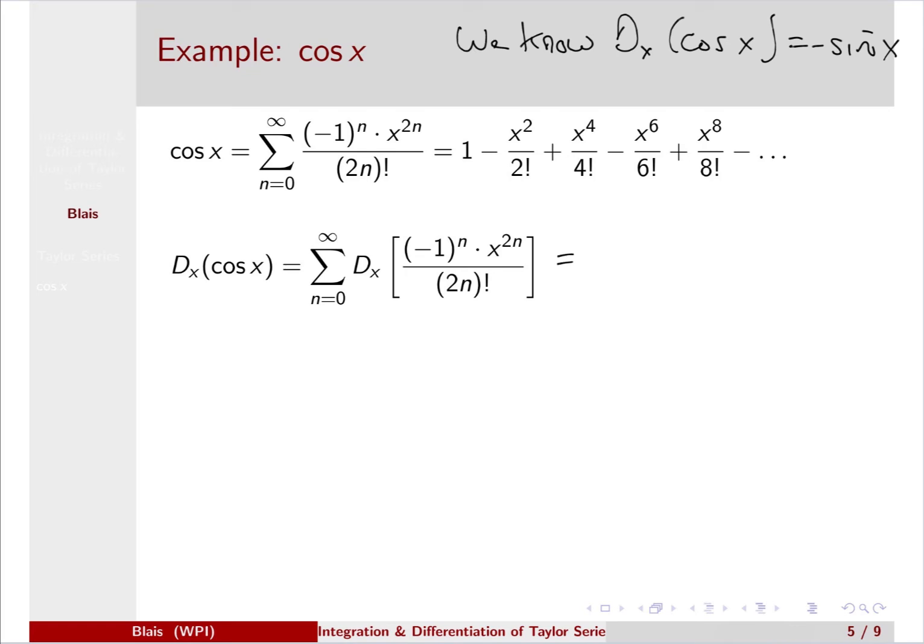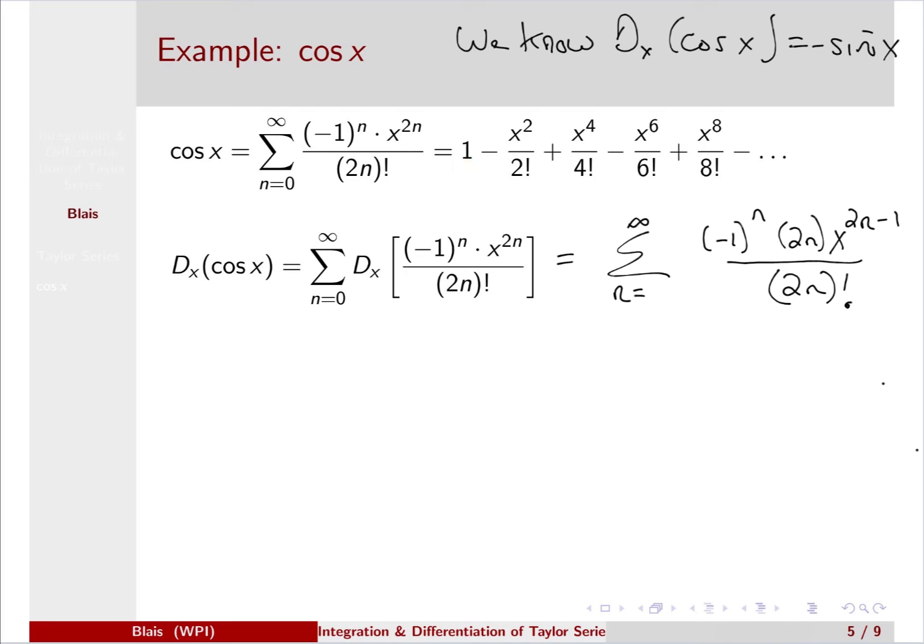So that means when we take this derivative, we will have minus 1 to the n, and then we have to do our power rule on x to the 2n. So the 2n comes out front, and then we reduce the power of x by 1, 2n minus 1, and we still have that 2n factorial in the bottom. And we need to decide where we start our sum, and we note the derivative of that first term, of that 1, is going to be 0.